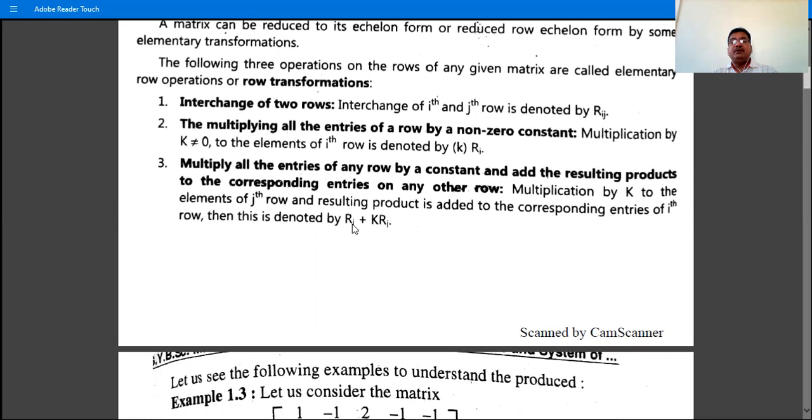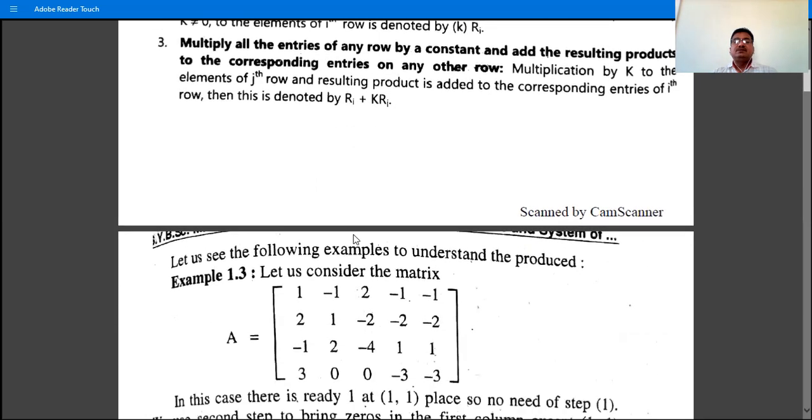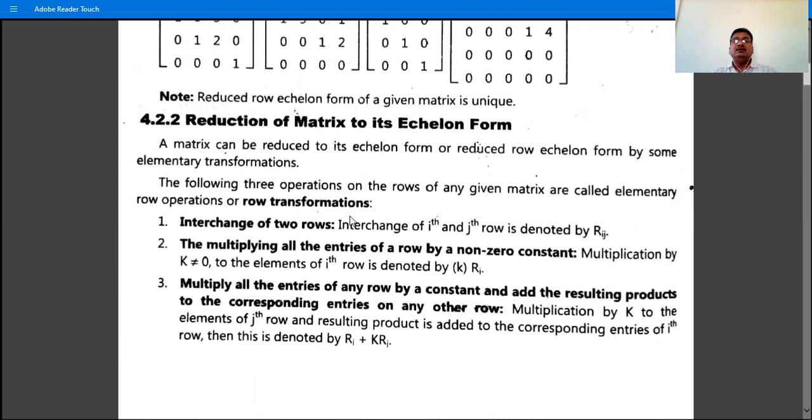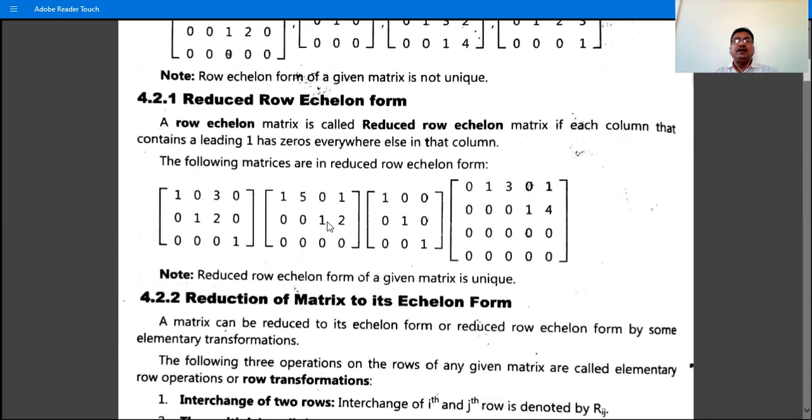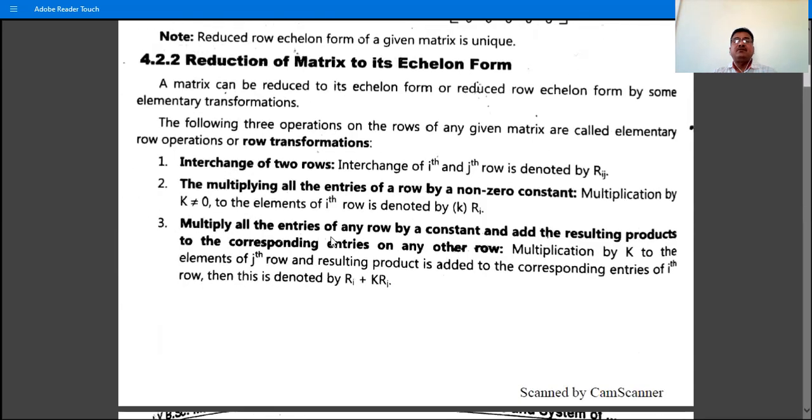For example, if you write R1 plus 2R2, then multiply the second row by 2 and add it to the first row. So these are the three elementary row transformations. By using these three elementary row transformations, we can reduce the matrix to its echelon form, or row echelon form, or reduced row echelon form.